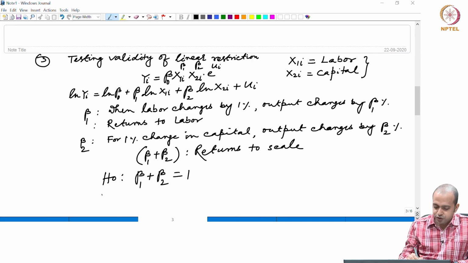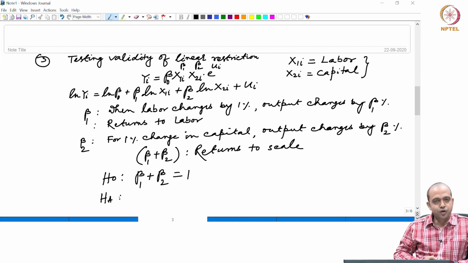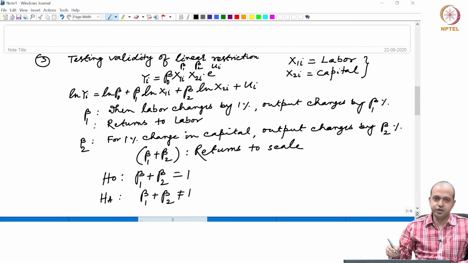And the alternative hypothesis would be beta 1 plus beta 2 not equals to 1. So, that means this consists of two things. It can be either greater than 1, in that case we will say that the production function exhibits increasing returns to scale. It can be less than 1 also, and in that case we will say that the production function exhibits diminishing returns to scale, okay, diminishing returns to scale.